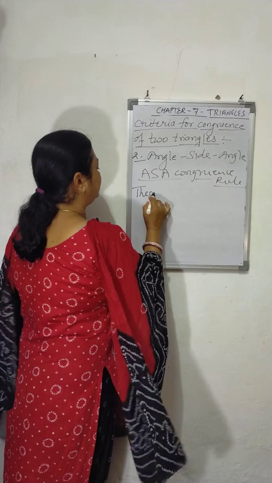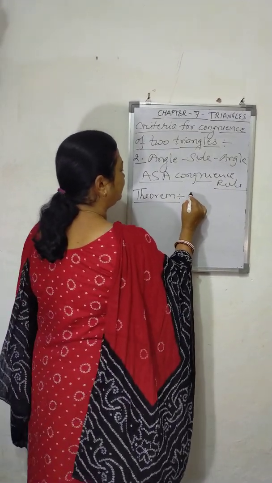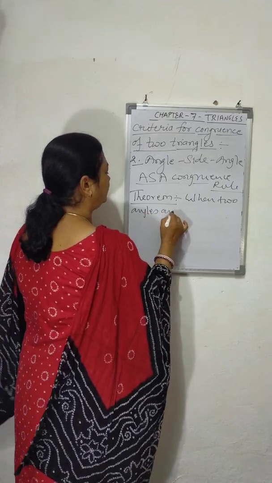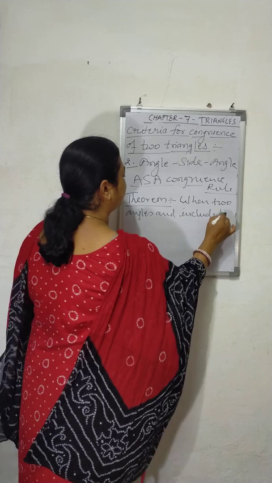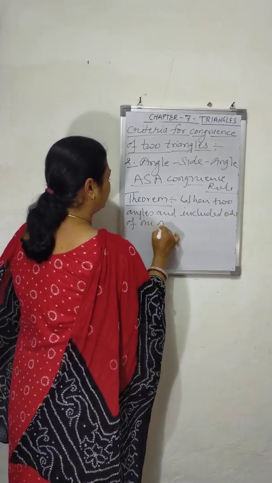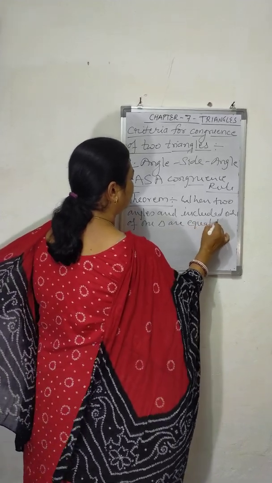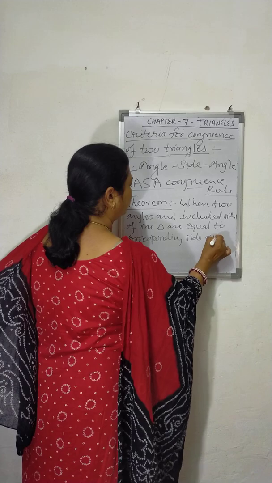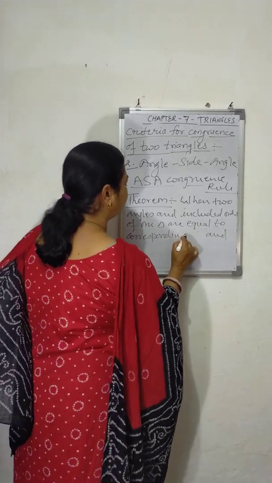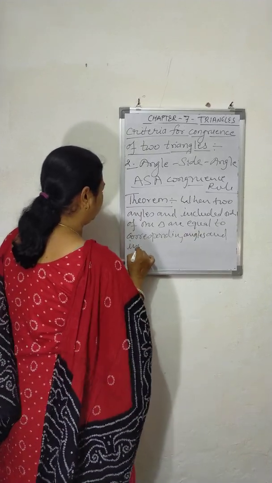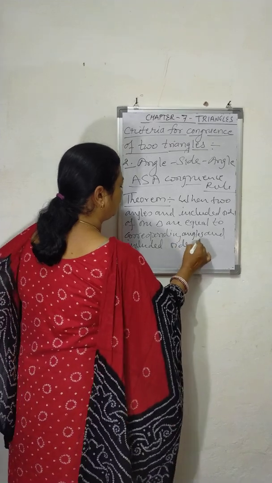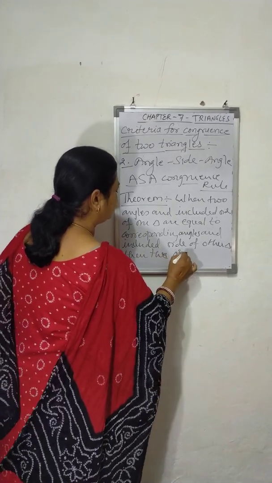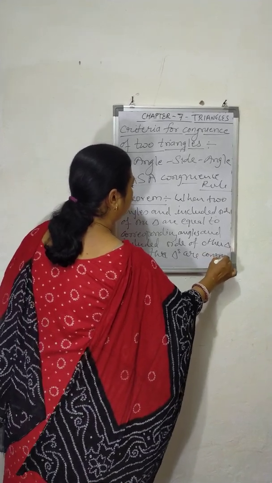Let us take it as a theorem, and the statement is: when two angles and the included side of one triangle are equal to the corresponding angles and included side of another triangle, then the triangles are congruent.